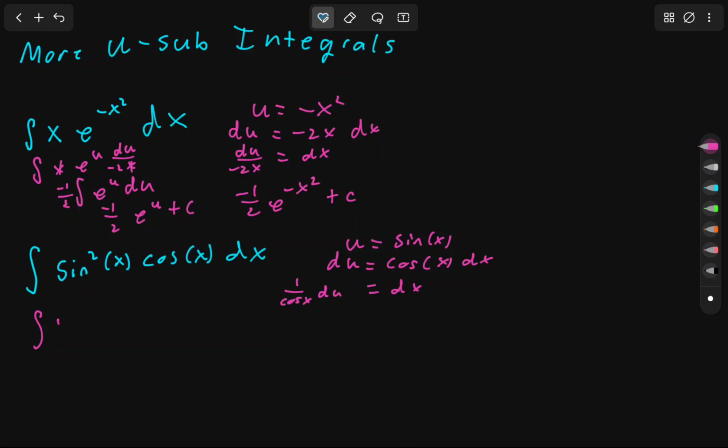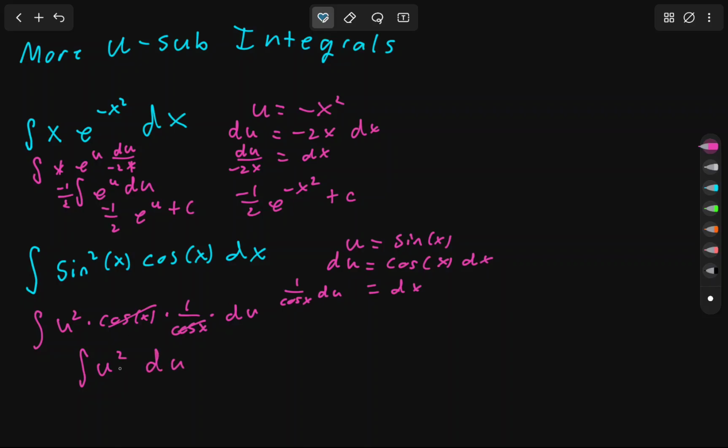So we will get u squared, since we have u is equal to sine, times cosine of x, times 1 over cosine of x, times the differential du. Well, cosine of x and cosine of x will cancel, leaving us the integral of u squared with respect to u.